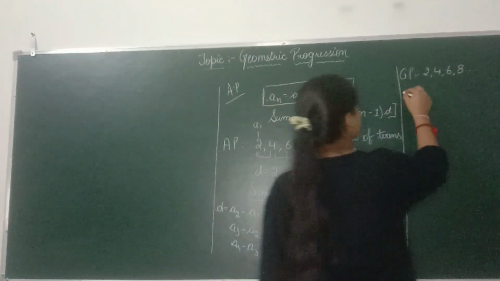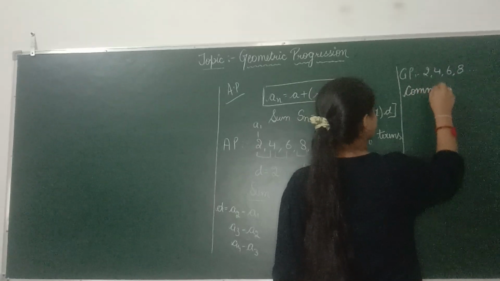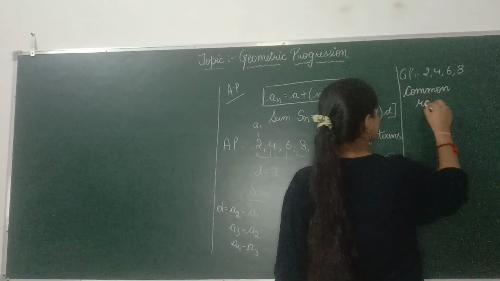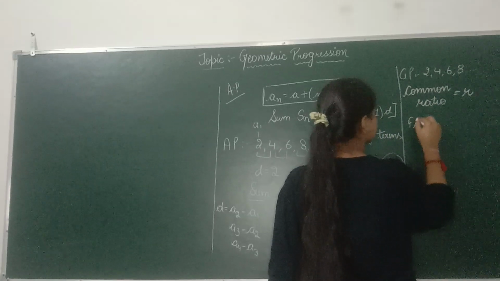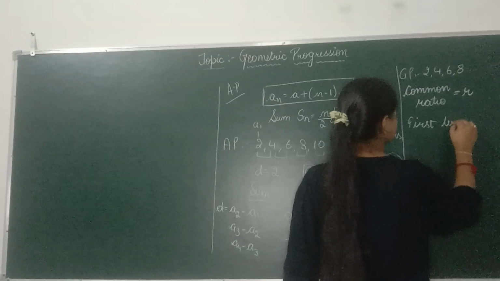Here the common ratio should be taken. Common ratio is R, and the first term is equal to A.